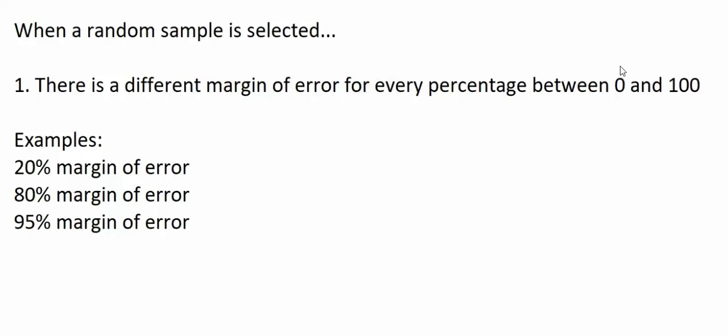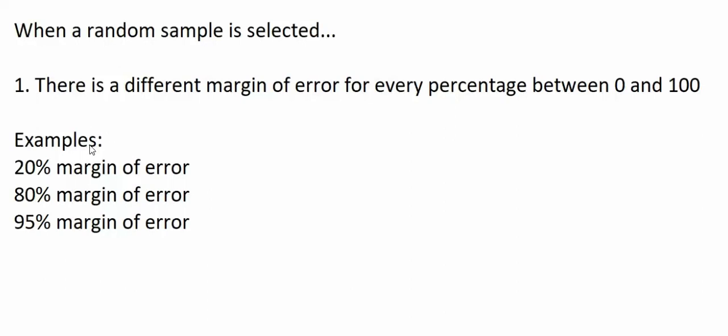Don't worry about why there's no margin of error for 0 and 100 right now, because right now I just want you to understand that there's a different margin of error for everything between 0 and 100, but you don't have to understand why that's the case yet. So just take my word for it.